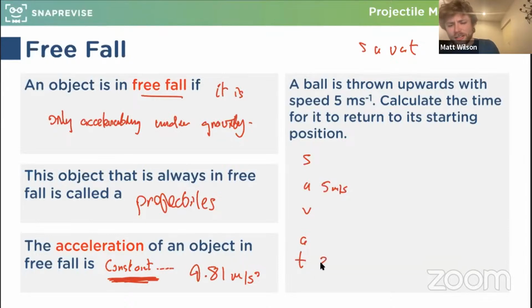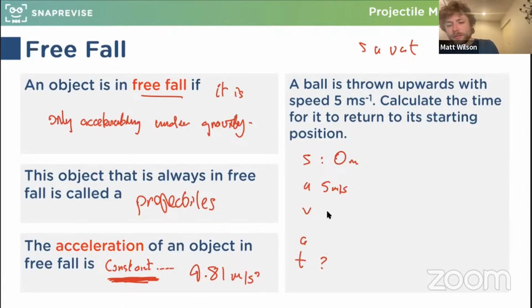We're asked to calculate the time taken to reach the starting position. Well, let's ask ourselves, what is our displacement if we return to our starting position? If we start somewhere and we return to that place, our overall displacement is actually 0. So they're asking us to find the time at which the displacement is 0 meters.